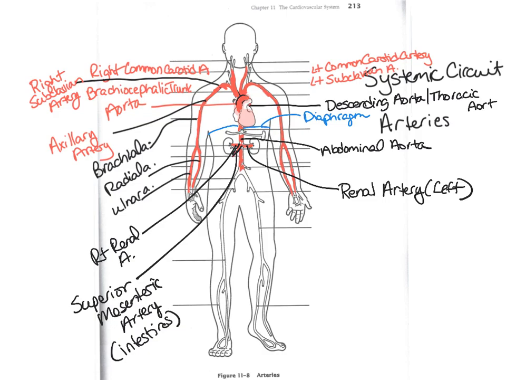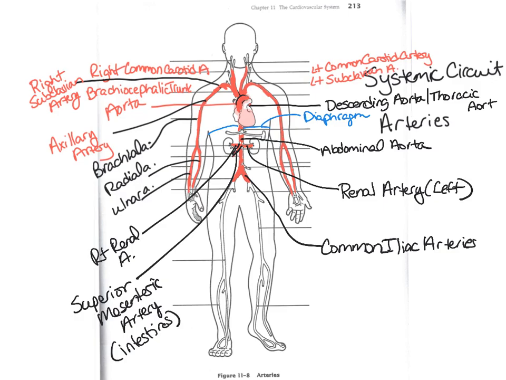The abdominal aorta gets down to the pelvic region, and then it splits. And when it splits, the two branches that it branches into are the common iliac arteries.